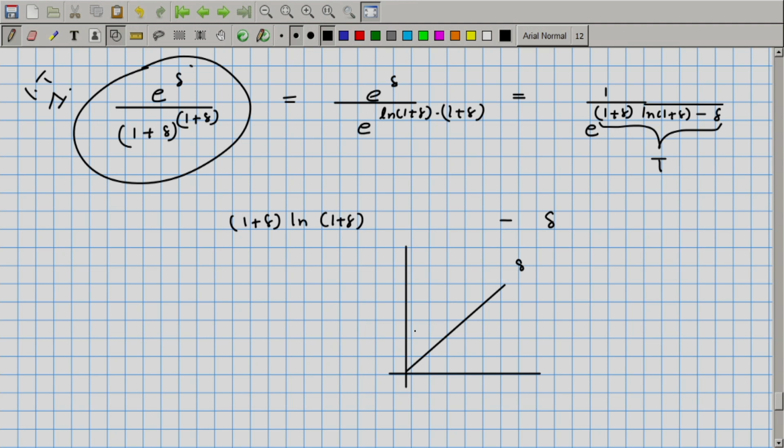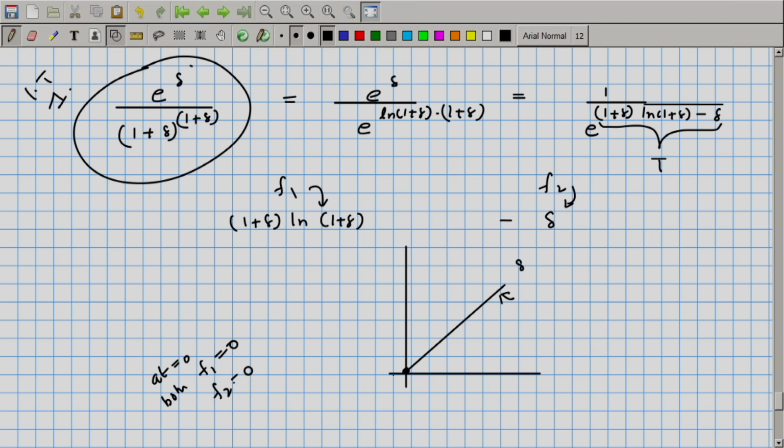If that curve lies strictly above this curve, then we know that 1 plus delta log 1 plus delta minus delta is always positive. How do we show that? At 0, the function f1 and the function f2 are both 0, because this is 1 plus 0 times log 1 and this is 0. So, log 1 is 0, and both of them are 0.